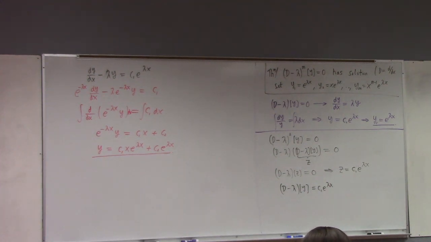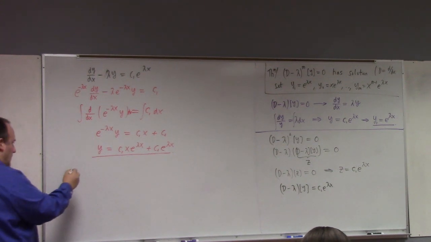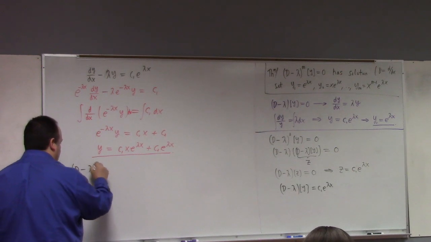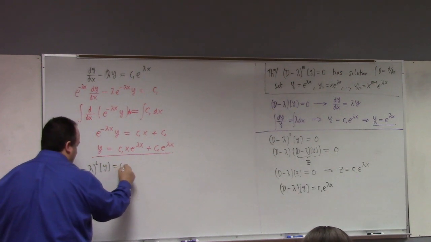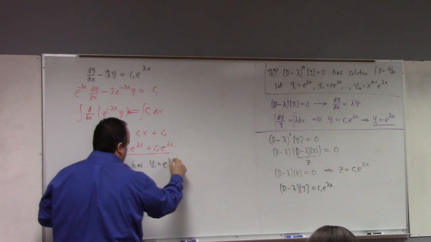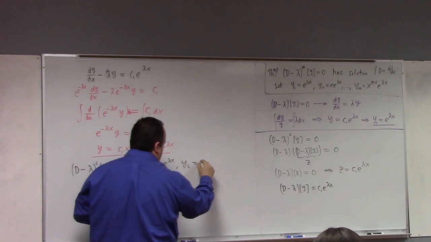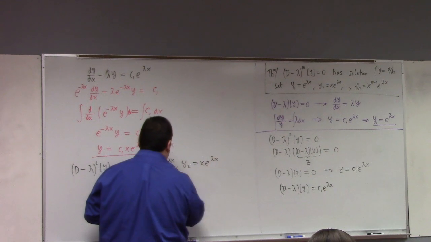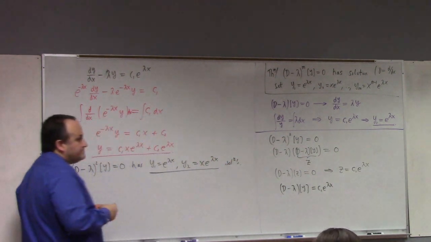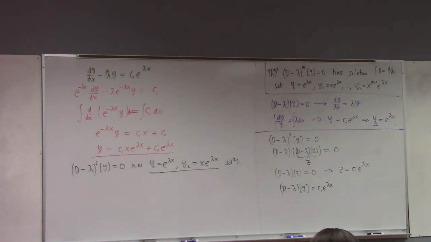Which shows me that my (D minus lambda) squared y equals 0 has y1 equal e to the lambda x, and y2 is x e to the lambda x as solutions. So this is the theorem in the case m equals 2. All right?